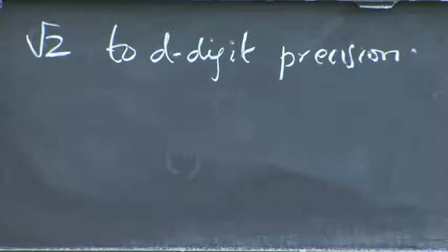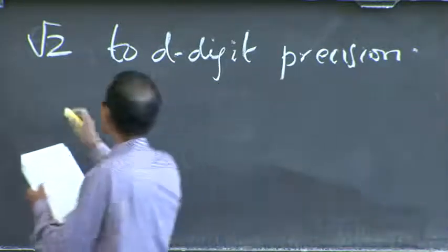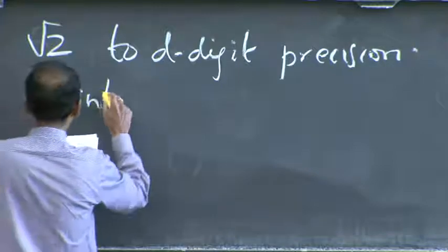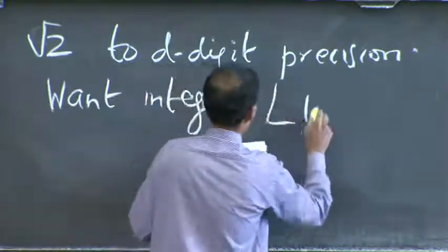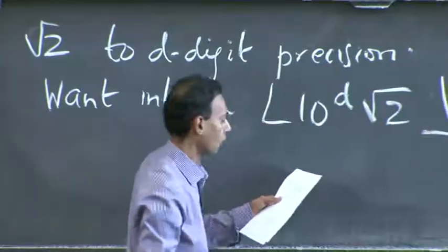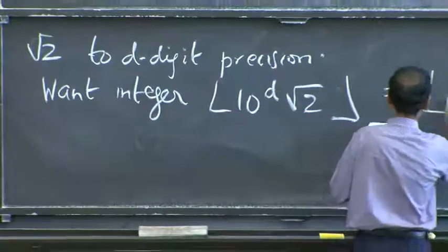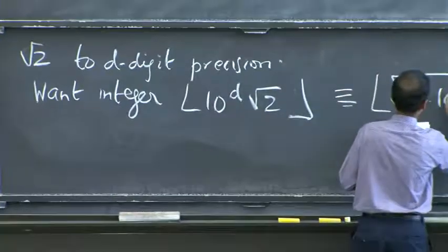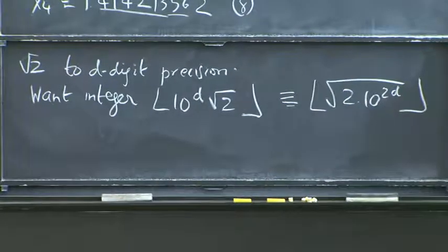In the case of your problem set in RSA, we're going to have 1024-bit numbers, maybe 2048. So we know d beforehand, right? And so what we want is an integer which is the floor of 10 raised to d times the square root of 2, which is essentially the same as the floor of the square root of 2 times 10 raised to 2d.